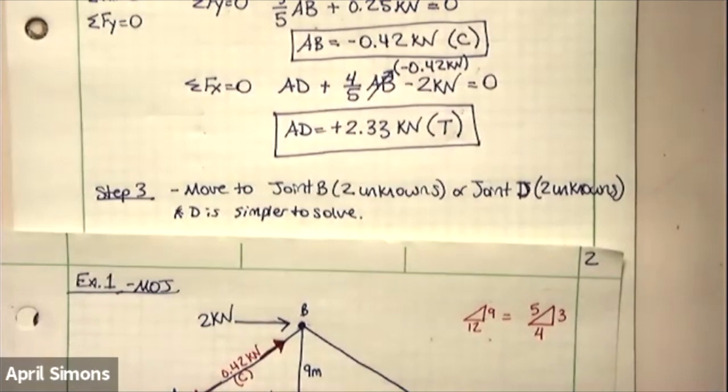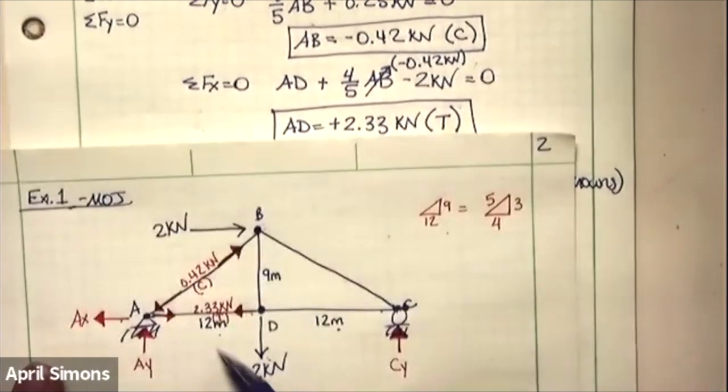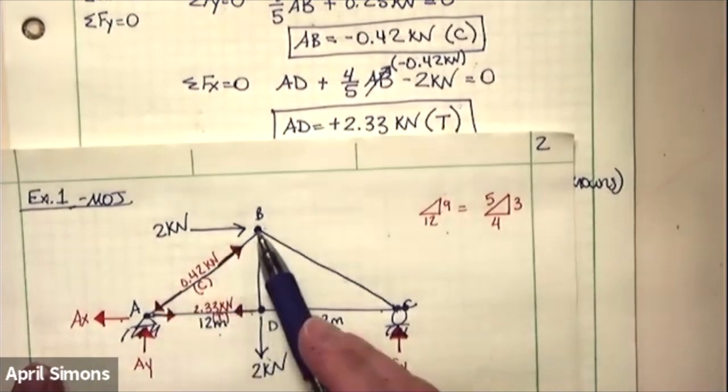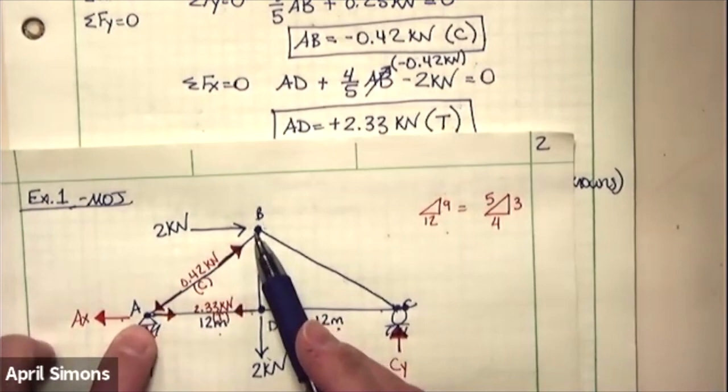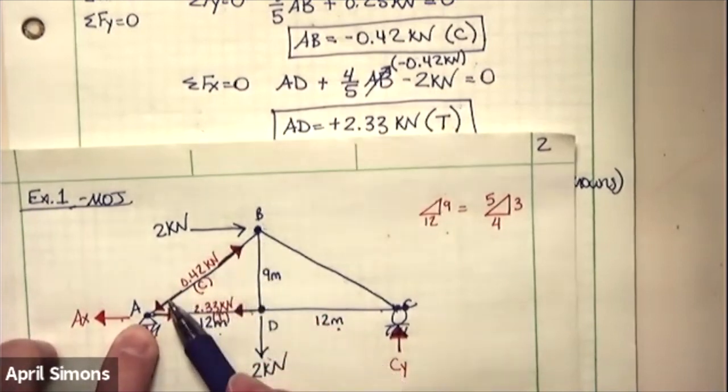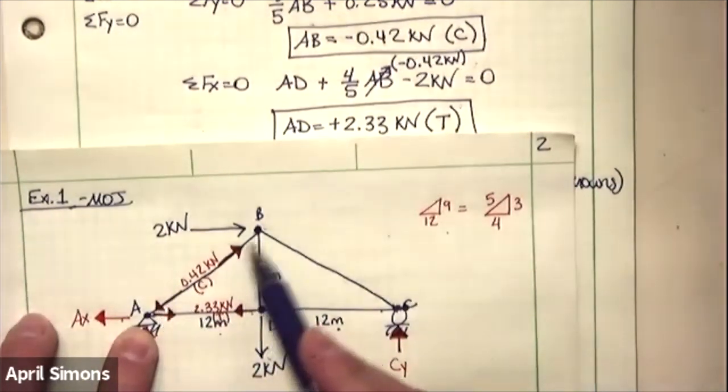When we solved AB, we found that it was in compression, so that arrow was actually going toward the joint at A. And we said that these members are continuous. So member AB is continuous between A and B. If it's in compression anywhere, it's in compression everywhere. So we have to show arrows going toward each of those joints.